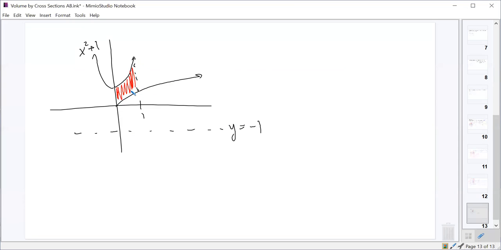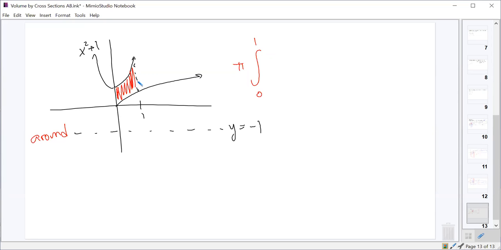And once again, that should give us these washer cross sections, right? So we're going around y equals -1. So we should have pi times an integral from 0 to 1. What's our outer radius? Are we just revolving the region between them around y equals -1?